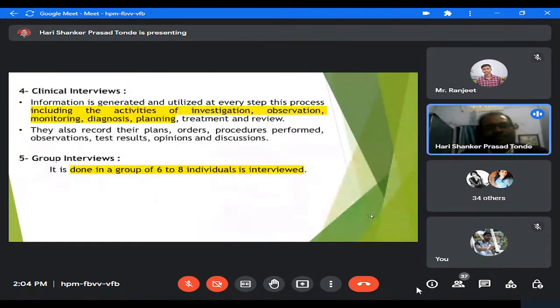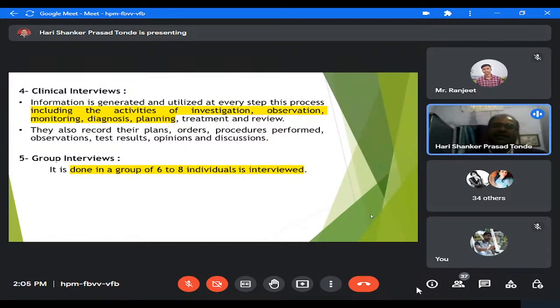Clinical interview. It is used for scientific research. Information is generated and utilized at every step of this process, including the activities of investigation, observation, monitoring, diagnosis, planning, treatment, and review. Nowadays, clinical interviews are very popular and common. Why?